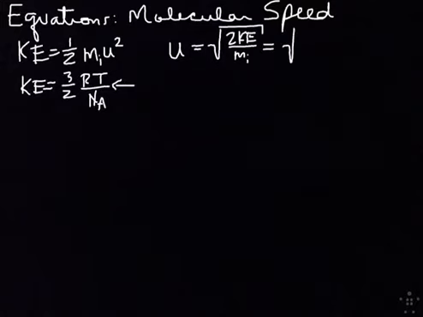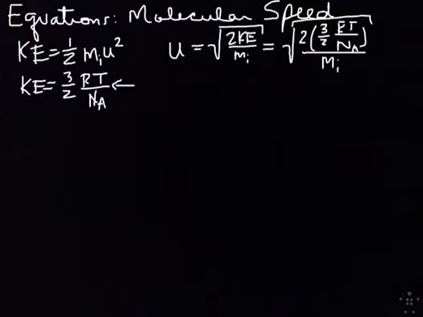And so we have the square root of 2 times 3/2 RT over NA, where NA is Avogadro's number, of course, divided by the mass of a single molecule. So this gives us that the average speed is equal to the square root of 3RT over NA times the mass of a single molecule.